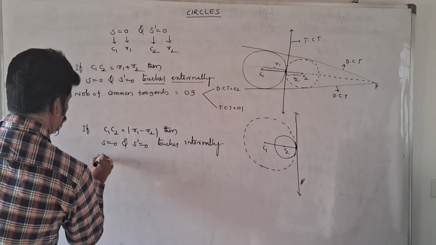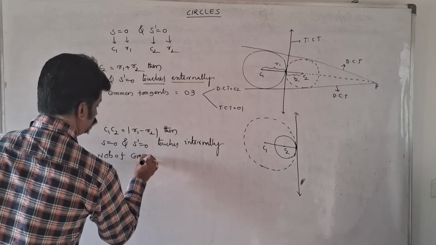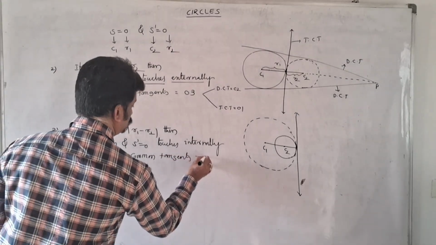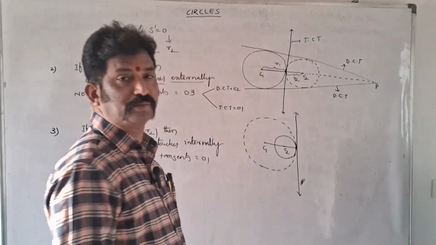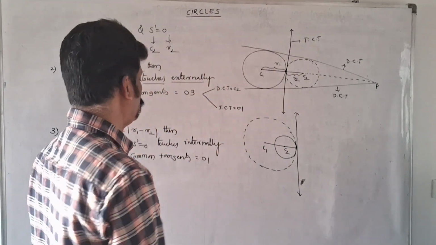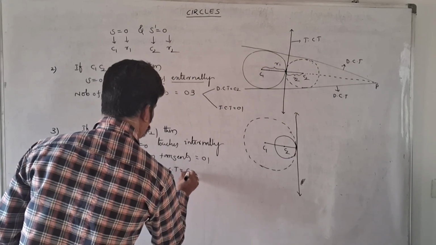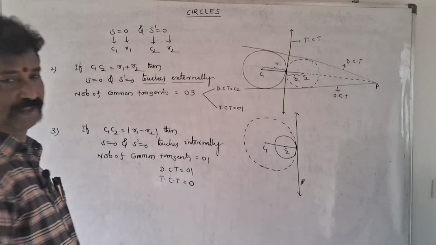Number of common tangents is equal to 1. Which one is this? Two circles lie on the same side. Same side means direct common tangent. So DCT 1 and TCT 0. No TCT.